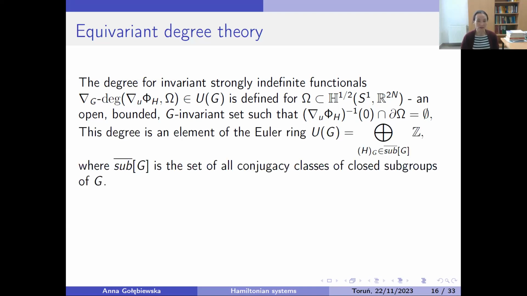Well, the Euler ring is a structure which can be treated as a Z-module, generated by the conjugacy classes of closed subgroups of our Lie group. So if we have a group with a lot of conjugacy classes, the structure of this Euler ring becomes more complicated.